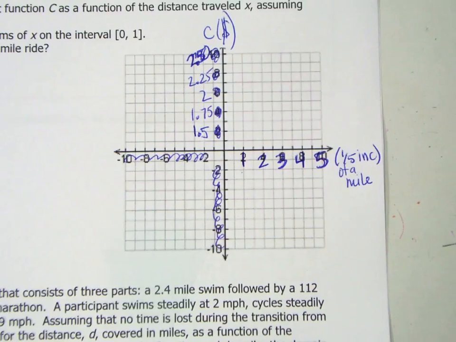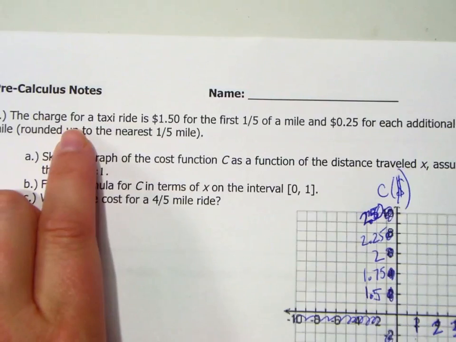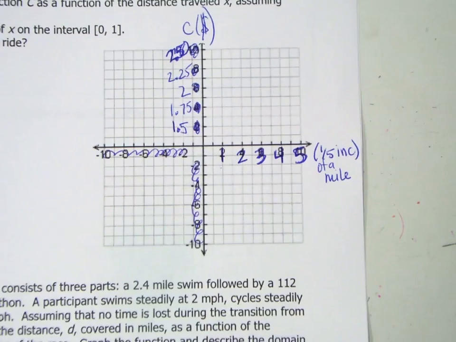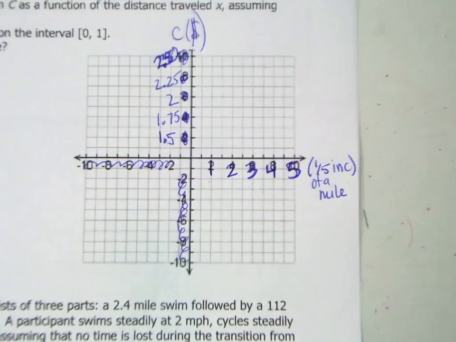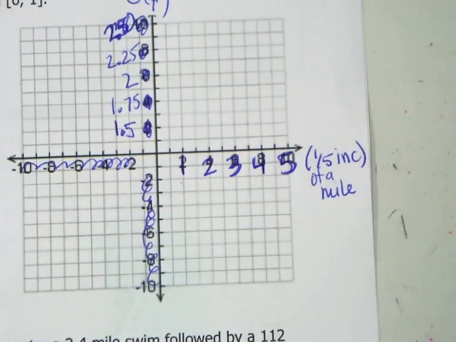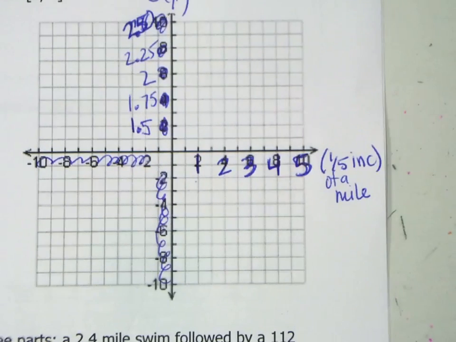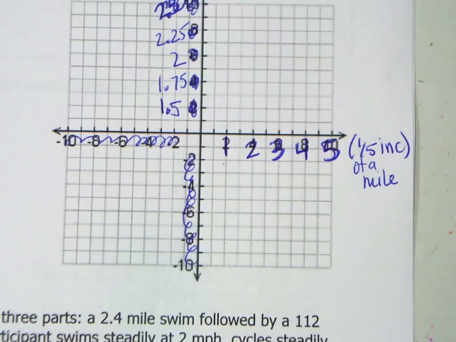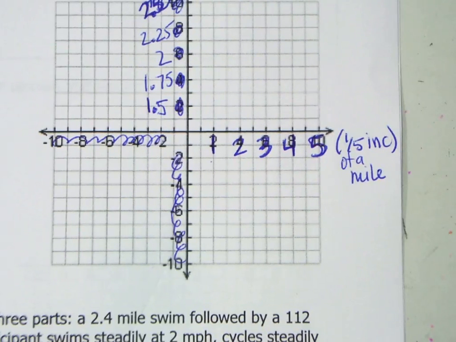So how are we going to graph the fact that up to the first 1/5 of a mile, our total charge is $1.50? How can we represent that? What's the charge for 1/10 of a mile?